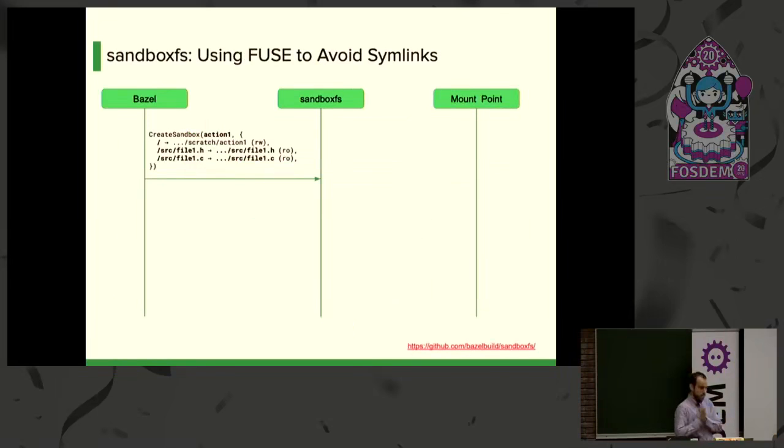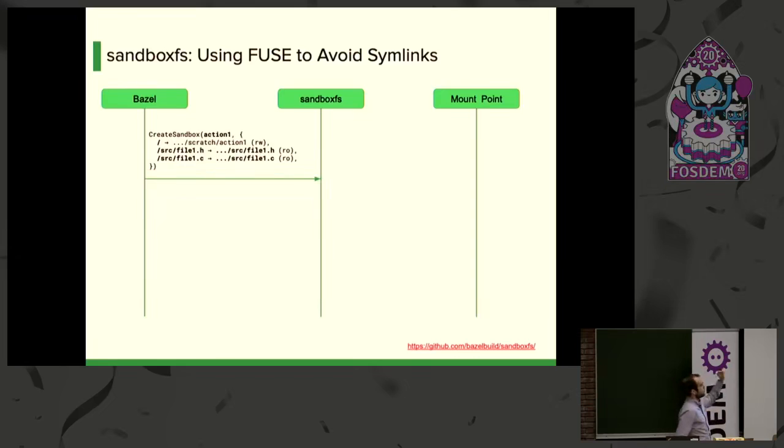So the idea here is we will use our FUSE file system to actually replace all those system calls with just one kind of RPC, right? We introduce a process in between Bazel and the file system that's called sandboxfs, and this process receives calls from Bazel that tell it what to do. So in this case, we want to run the same action as before, with different files. We have an RPC called create sandbox that says, please create a sandbox for action 1, and I want to put these files in.